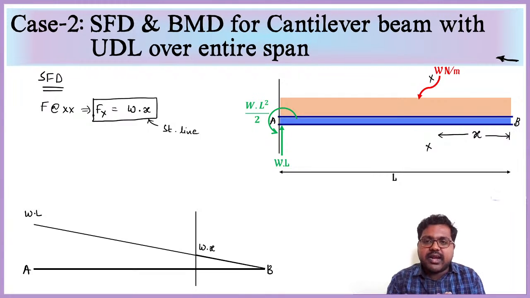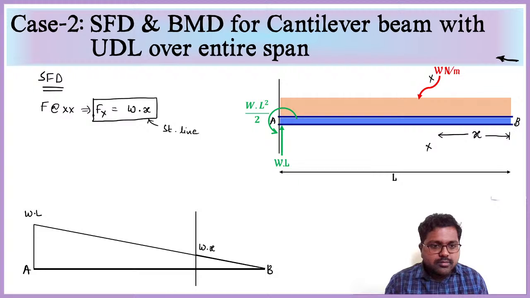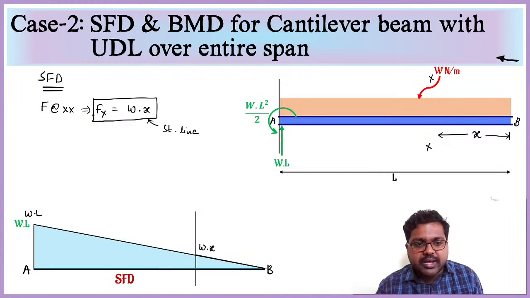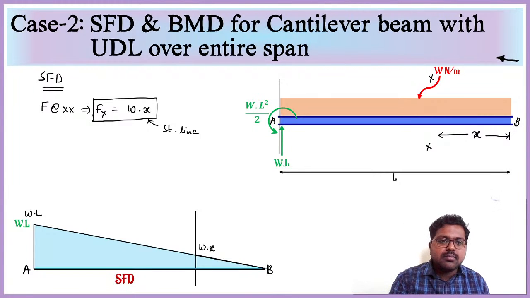Right hand upward is negative and right hand downward is positive, so we consider these positives. Then suddenly the upward force is acting with the same intensity, so from here it will become 0. So this triangular form and the entire shape is our shear force diagram. Okay, this is the shear force diagram for a cantilever beam subjected to UDL over the entire span.